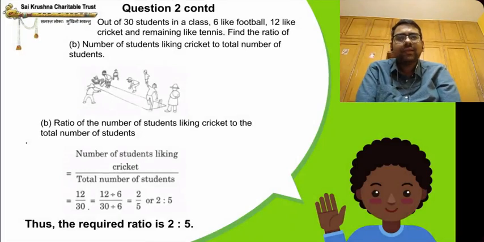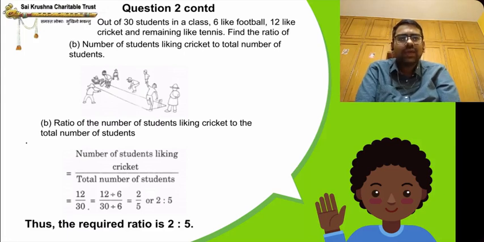Okay, next. Out of the same question, part B. Out of 30 students in the class, 6 like football, 12 like cricket, and the remaining like tennis. Find the ratio of the number of students liking cricket to the total number of students. Number of students liking cricket is 12, total number of students is 30. So I'll divide both numerator and denominator by 6.